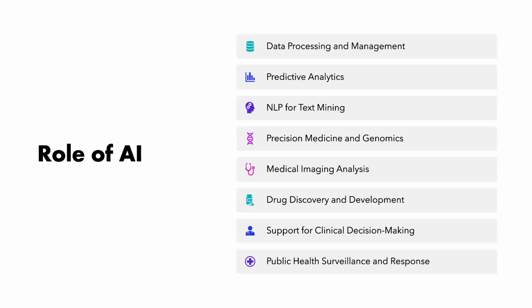So basically, this is the role of artificial intelligence. We have artificial intelligence in data processing and management. Think about all the electronic records, how each of them is going to be analyzed. I also worked on a research project on cancer, detecting cancer in breast mammographs with convolutional neural networks.